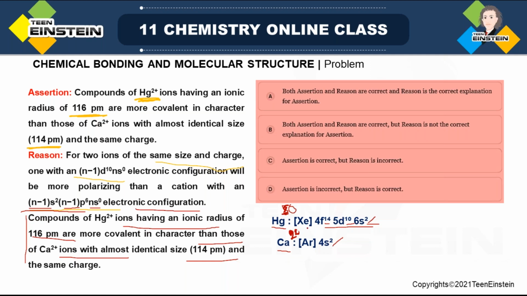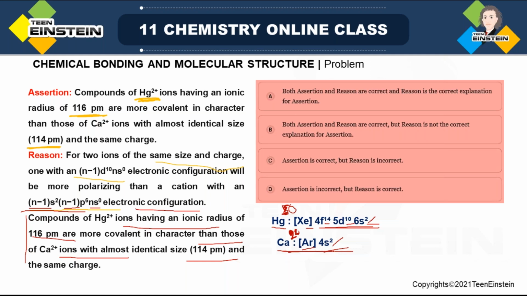You just have to know, if it is atomic number 80, what the last noble gas is. The last noble gas is xenon, 54, so you arrange the rest of the electrons in this way. For calcium, with atomic number 20, the last noble gas is argon. After argon, 2 more electrons are present as 4s2, because argon ends at 3s2 3p6.